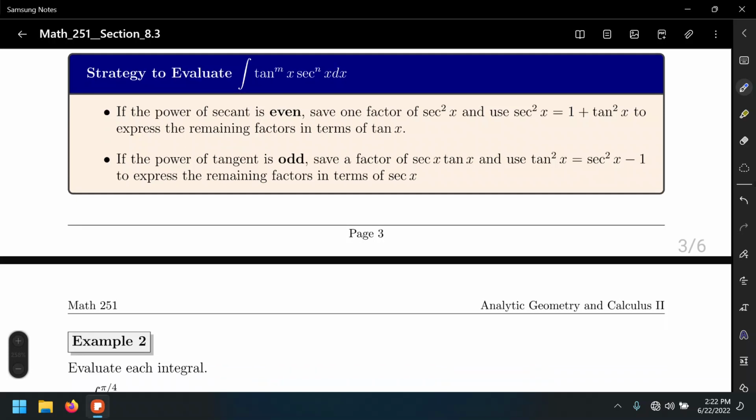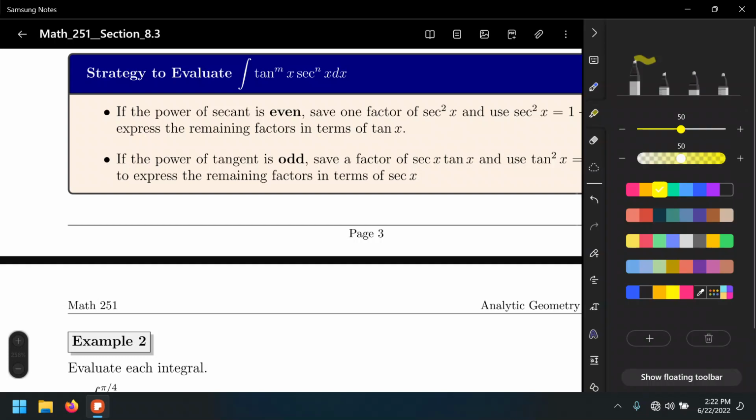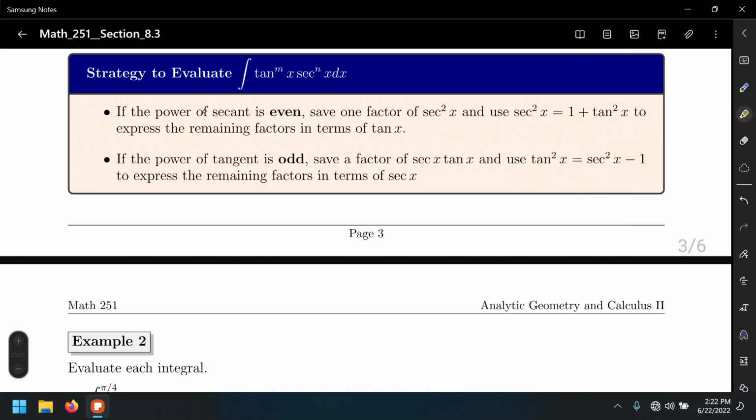All right. Well, what happens for secant powers that are even? In this case, we need to save one factor of secant squared. If the power is even, save one factor of secant squared. Why do we use that power of secant squared that multiplies the dx?